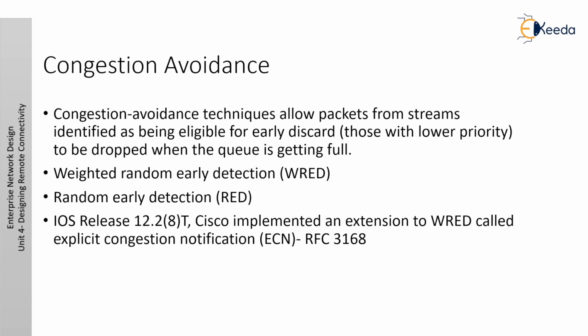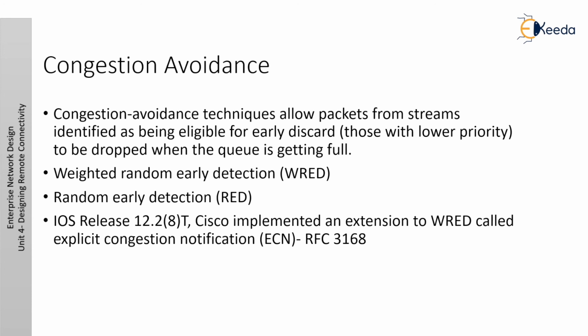Congestion avoidance techniques allow packets from streams identified as being eligible for early discard, those with lower priority, to be dropped when the queue is getting full. Congestion avoidance works well with TCP-based traffic. TCP has a built-in flow control mechanism so that when a source detects a dropped packet, the source slows its transmission. Weighted random early detection, that is WRED, is the Cisco implementation of the random early detection mechanism.